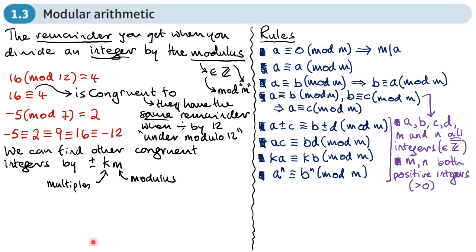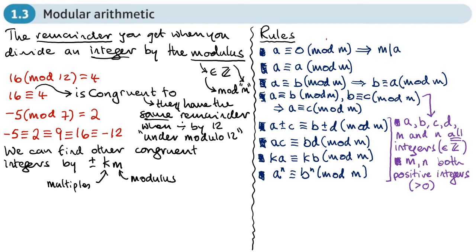Right, so now we understand what modular arithmetic is. Let's have a look at some rules. So the first rule here basically says if a number is congruent to 0, which basically means the remainder is 0, it can be divided by the modulus. So here's an example.